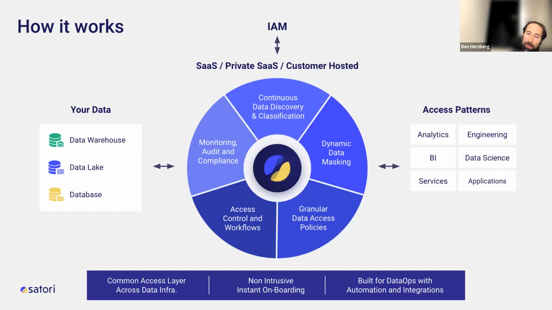And the security policies that can be applied can be dynamic data masking or other anonymization of sensitive data. This is according to the user identity. So some users may get the data anonymized in a certain way, others can get it anonymized in other ways, and some users can get data only for their specific location, and so on.